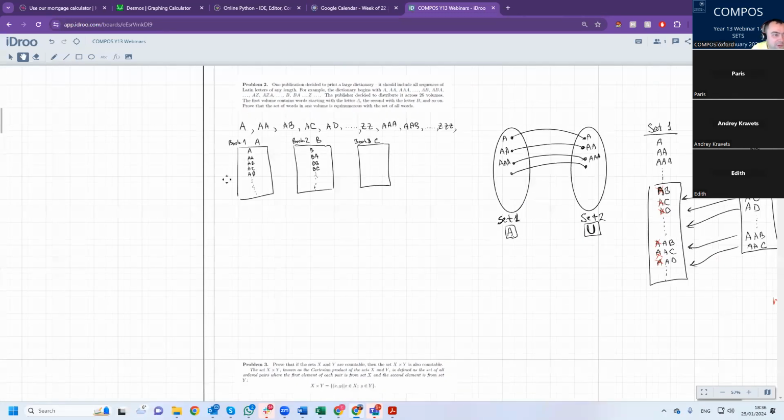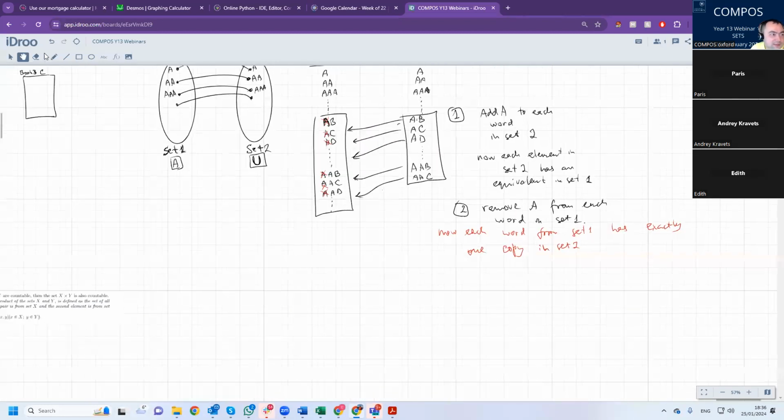Both sets have the same number of words.